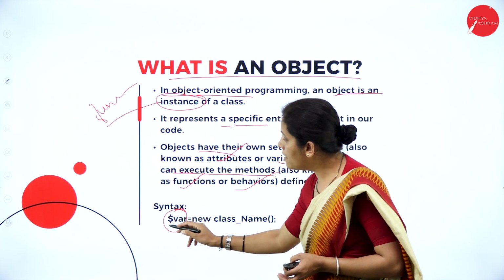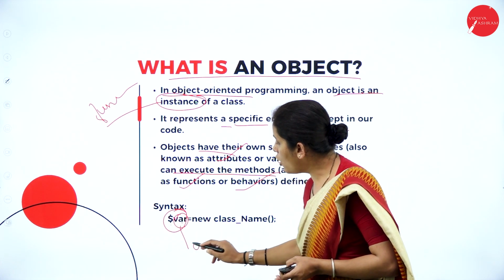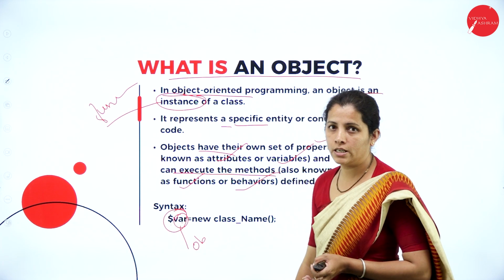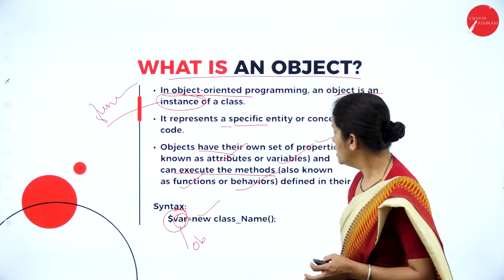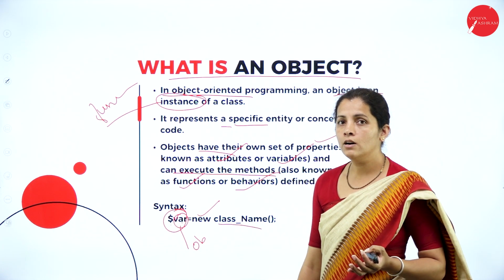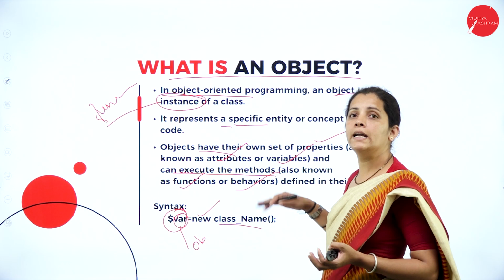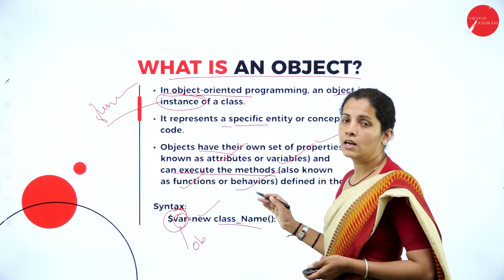See here, I have the $ sign variable, which is nothing but your object name, the user defined object name. Equal to new is a keyword, and then the class name. See, I have the class name with opening and closing parenthesis. What it indicates? It indicates it's a constructor.